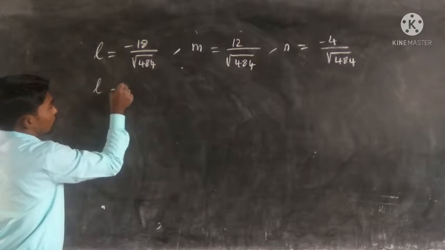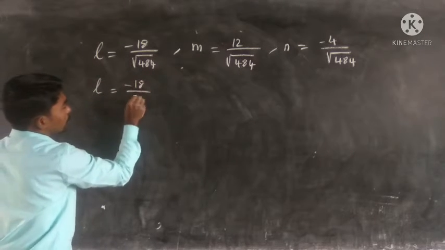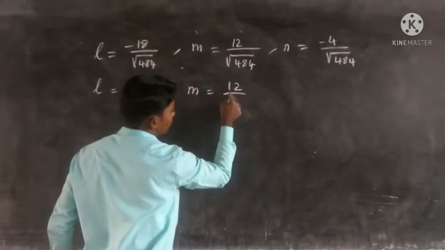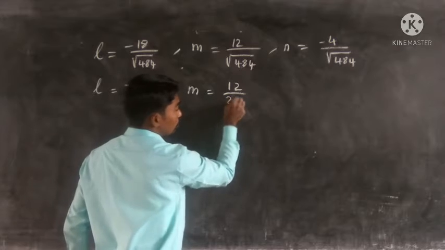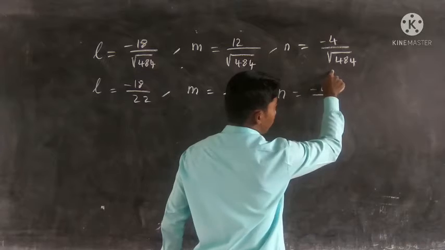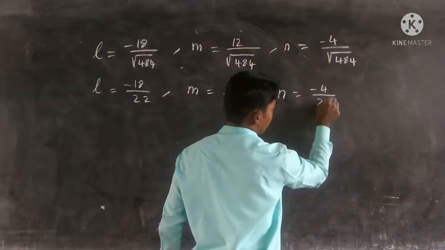So l is equal to minus 18 by 22, m is equal to 12 by 22, and n is equal to minus 4 by 22.